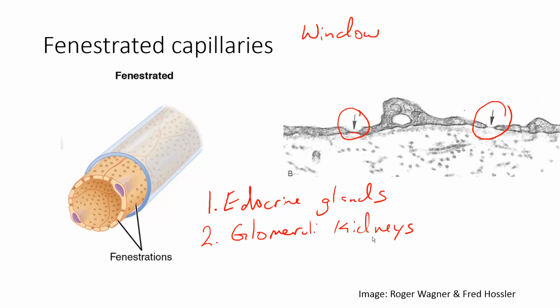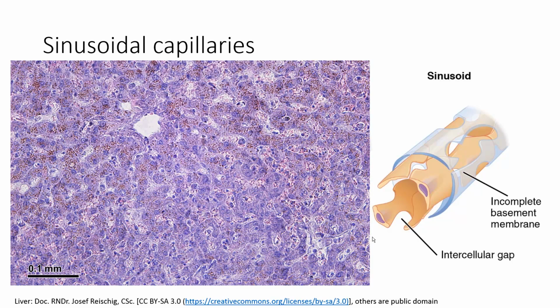So continuous capillaries have limited contact between blood space and tissue space, only transcellular transport. Fenestrated capillaries have more contact between the blood space and the tissue space thanks to these fenestrations or little windows in the endothelial cell. Finally, sinusoidal capillaries have maximal contact between the blood space and the tissue space. Unlike the first two kinds of capillaries, the endothelial cells are not continuous in sinusoidal capillaries.